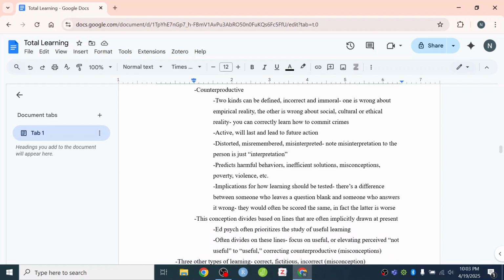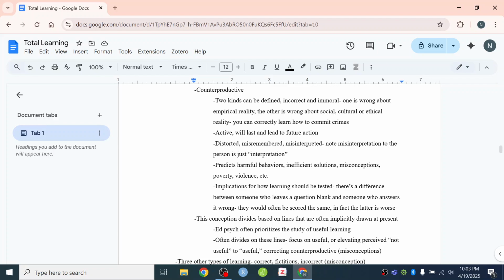This division of total learning into these categories of useful, not useful, and counterproductive learning, I've drawn because it follows along lines that are often implicitly drawn at present in the way that especially educational psychologists set up their studies, where useful learning is considered to be the real form of learning, and not useful and counterproductive learning are either not covered or seen as the wrong answers to the test, and therefore not learning.